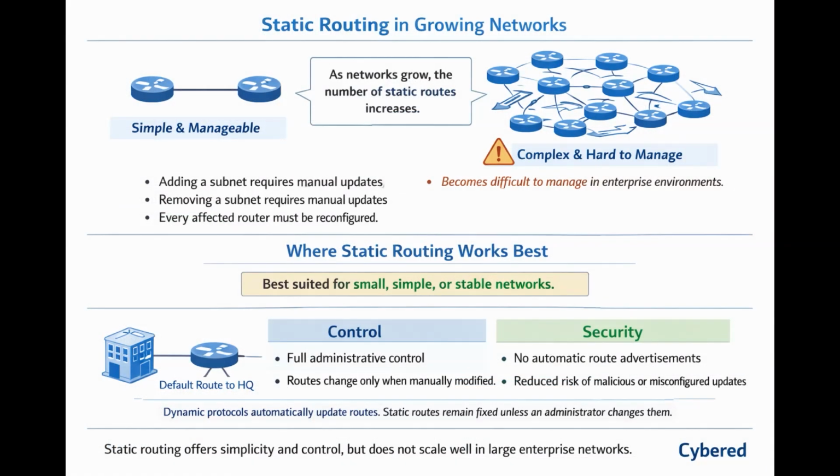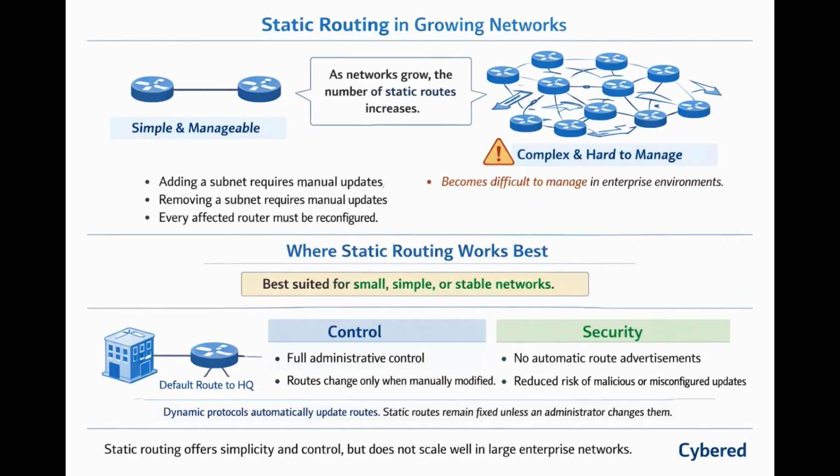As a network grows, the number of required static routes also increases. Any change to the network, such as adding, removing, or modifying a subnet, requires a network engineer to manually update static routes on each affected device. While static routing works well for small and simple networks, it quickly becomes difficult to manage in large enterprise environments with many subnets and remote sites.